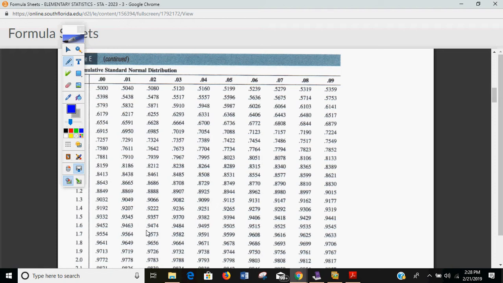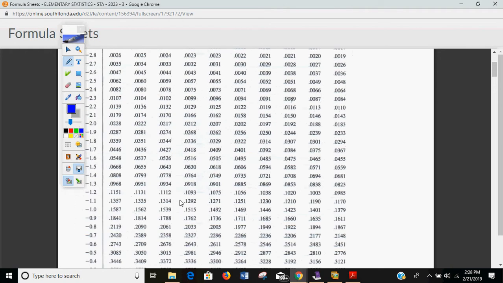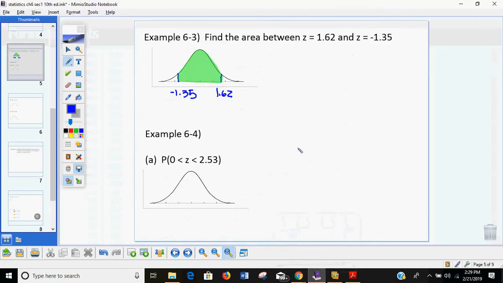Okay? Now the other number we're looking up is negative 1.35. If we go up here to the negatives, negative 1.35, 0, 1, 2, 3, 4, 5, is 0.0885.